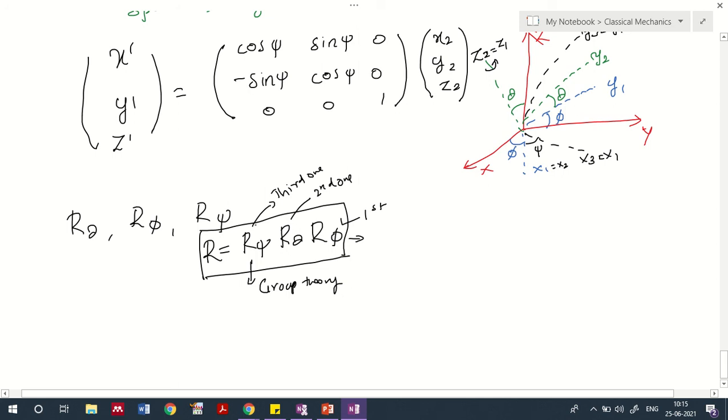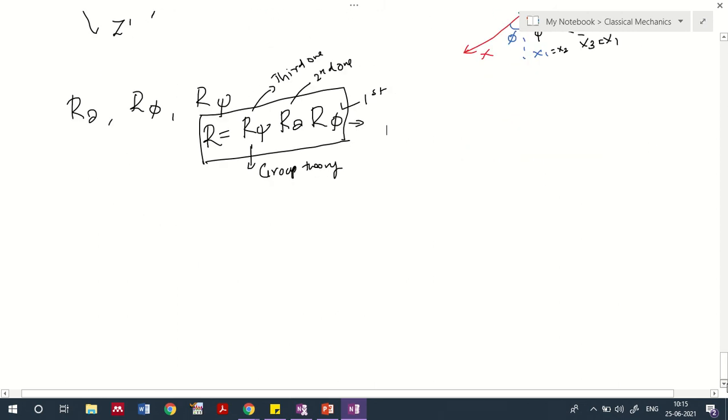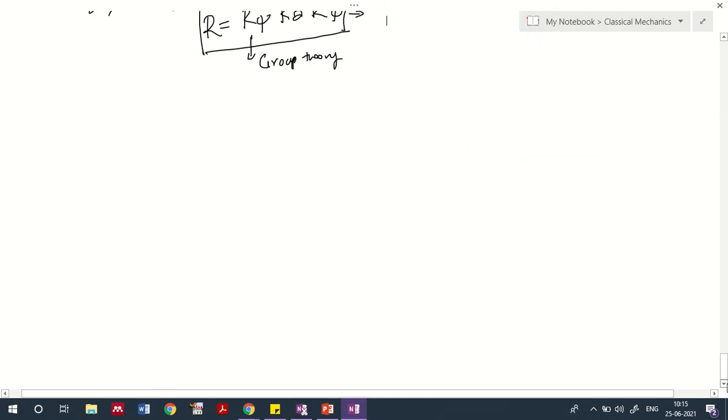Now initially we said that R equal to R psi R theta R phi, and we are able to deduce the same here. What does R mean? It is the combination of all the values we represented over here.